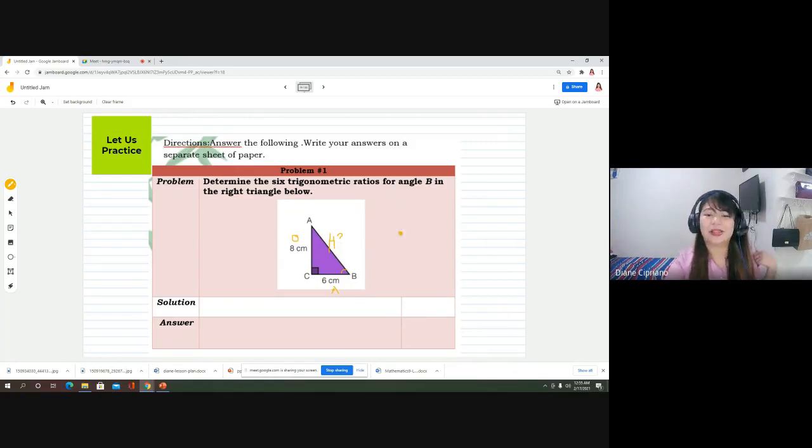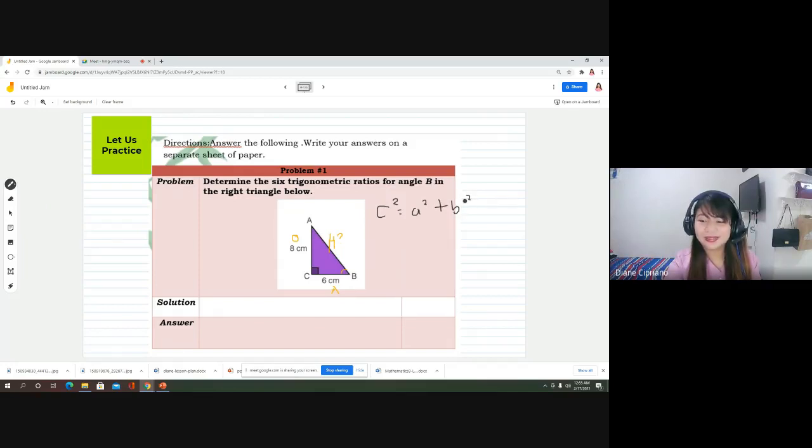Again, I will always remind you, if there is a missing part in the right triangle, you need to find it first using the Pythagorean theorem. So in this case, what is the Pythagorean theorem? Very good. It is c squared is equal to a squared plus b squared.